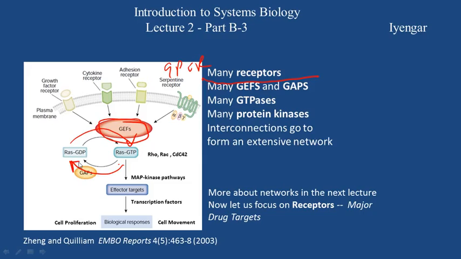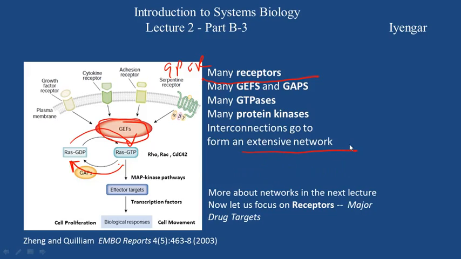There are many GEFs, there are many GAPs, there are many protein kinases, and all this mix and match goes on to produce an extensive network. So the regulation of GEFs and GAPs is an important point at which networking occurs, and we will discuss this more in the next lecture.